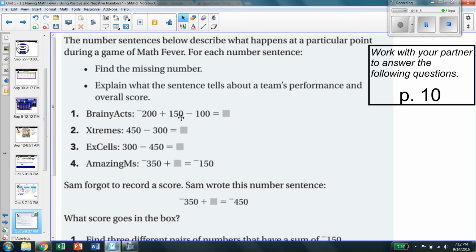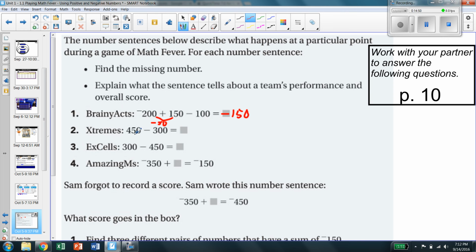You can think of that as getting 150 correct, and then losing 100. Negative 200 plus 150 gets us closer to 0, at negative 50. Then we lost 100 from an already negative 50, going in the negative direction, so we're at negative 150 points.